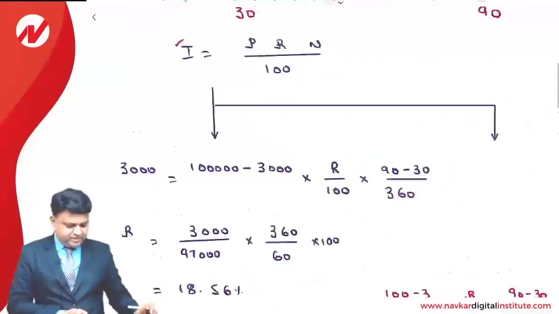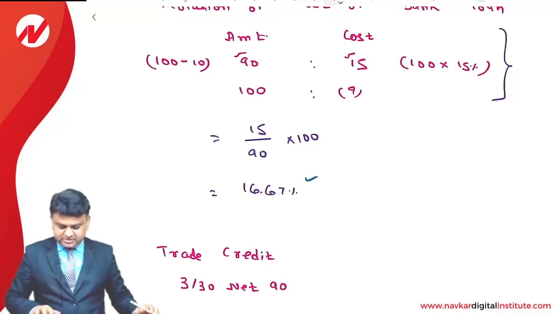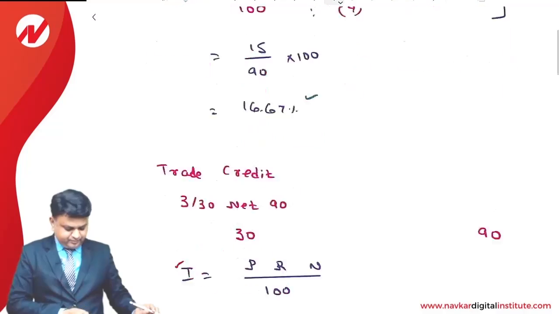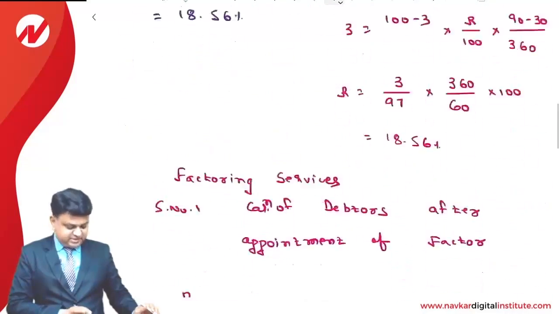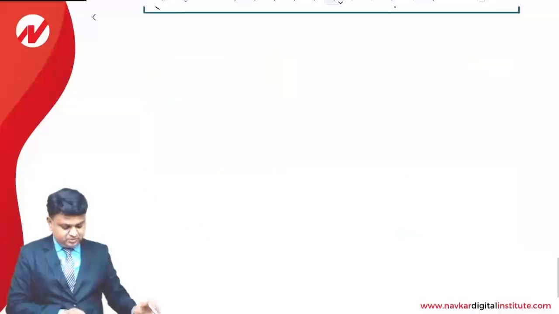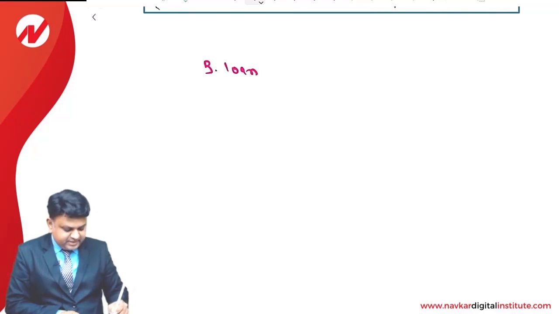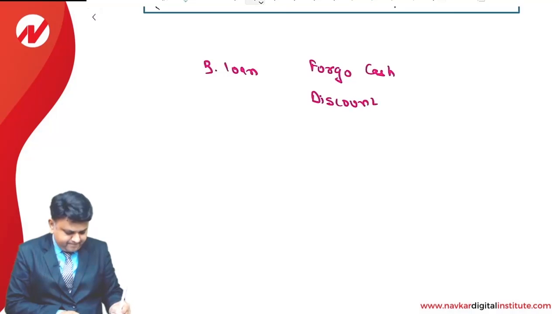Now we are required to make a comparison. The first option has a cost of 16.67. Second is 18.56. And the third is very high, it is 20%. So we understand like this: bank loan, the next is forgo cash discount, and the third is factoring.